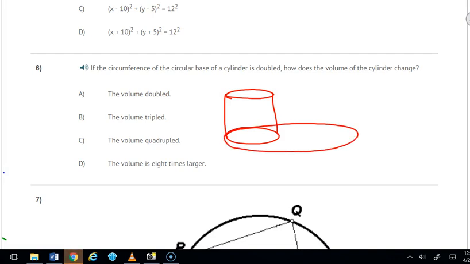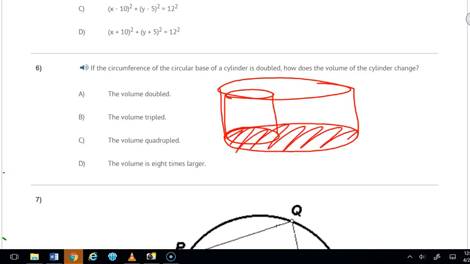So that means that the base itself became twice as big, but the height did not. So we're talking about an area down here. So if the circumference, the distance around it, got twice as big, then we know that the base got twice as big, but the height didn't get any bigger.